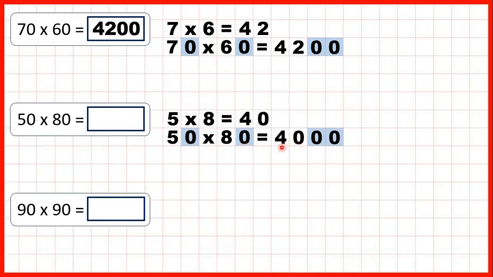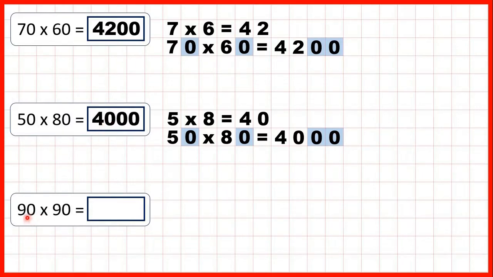So after we've written our answer to 5 times 8, we need to write 2 zeros. Now it's important to understand that this zero here isn't an end zero. We got this zero by multiplying the non-zero digits in the question. So multiplying 5 times 8 to get 40, and then we counted that we need 2 zeros after that. So our answer is 4,000.